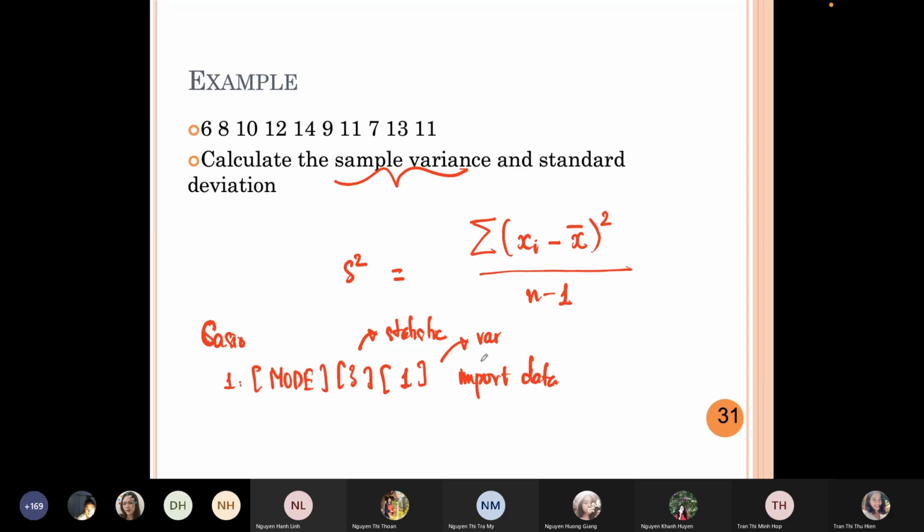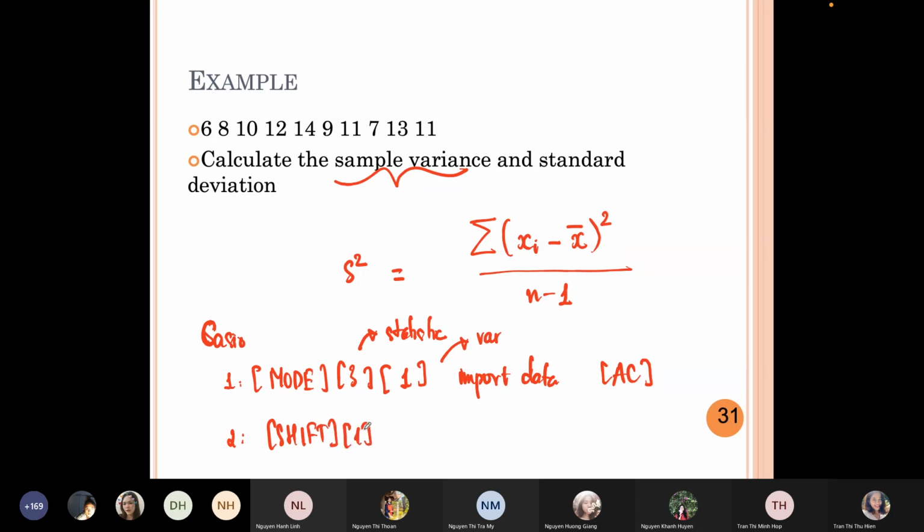After you import the data, you choose AC. For the next step, you will calculate each sample variance or mean in your data sets by using Shift 1.